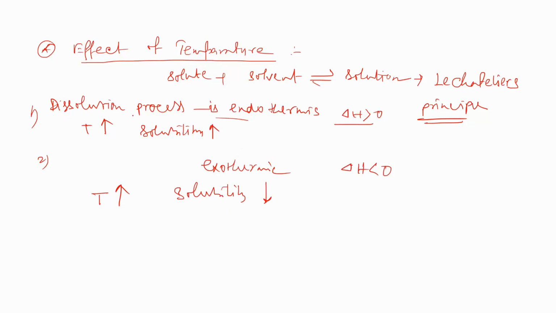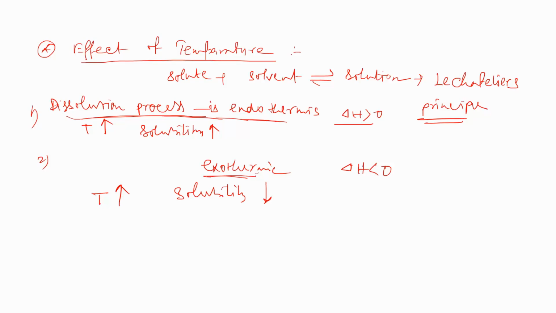Suppose a dissolution process is endothermic. Endothermic means delta H is greater than 0. It needs heat to carry out this process. That's why when the temperature is increased, the solubility should increase. When a dissolution process is exothermic, we need no heat from the outside environment.